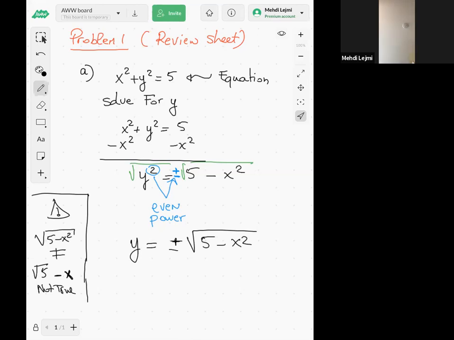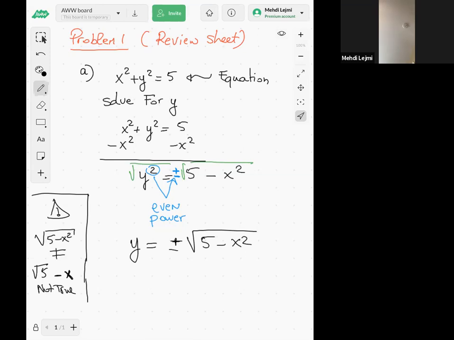Anyway, because you have this plus or minus, in order to be a function, for each input x there must be exactly one output. But here, because of the plus or minus, you have two possible outputs.